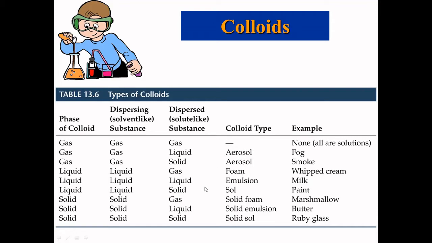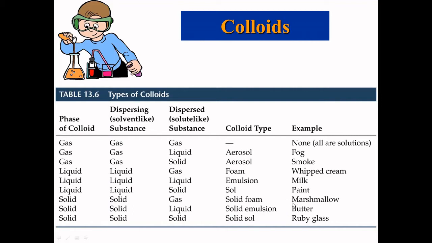In the case of liquid to liquid, you have emulsion, and that's the case of milk. In the case of solid in liquid, we have the sol, and paint is an example. So paint is a colloid. And we have a gas in a solid. Imagine gas particles remaining suspended in a solid, and that's the case of the solid foam.